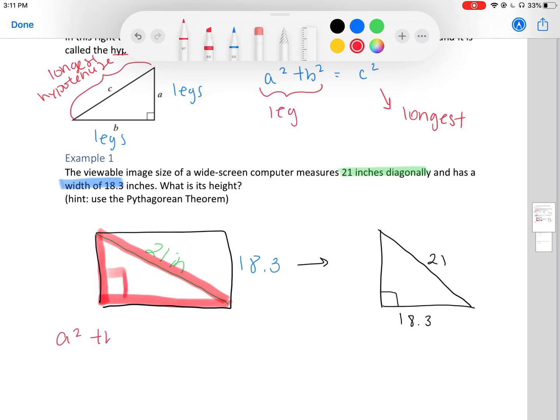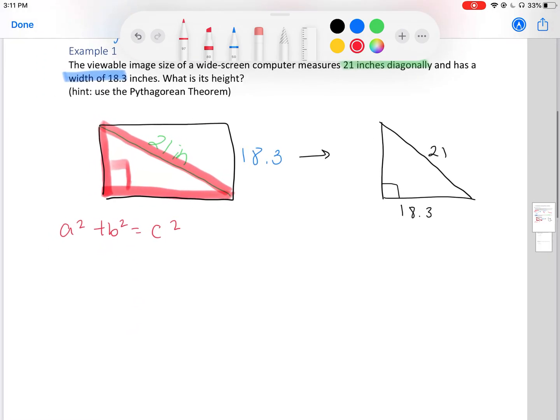Let's go ahead and use our Pythagorean theorem. A squared plus b squared equals c squared. Now the important part is your hypotenuse. That always has to be your c. Everything else, because we're adding, isn't as important.